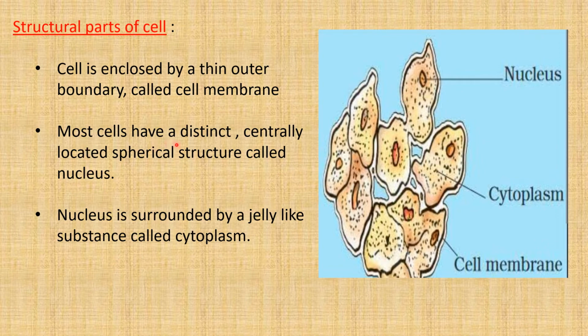Most cells have a distinct, centrally located spherical structure called the nucleus. Here this is the nucleus. The nucleus is surrounded by a jelly-like substance called cytoplasm. The dots mentioned here are the cytoplasm, the jelly-like structure.